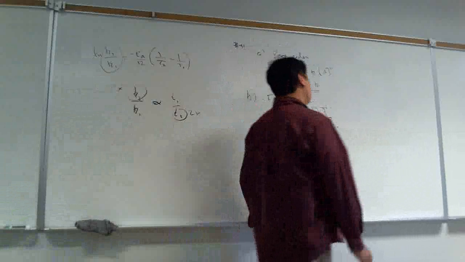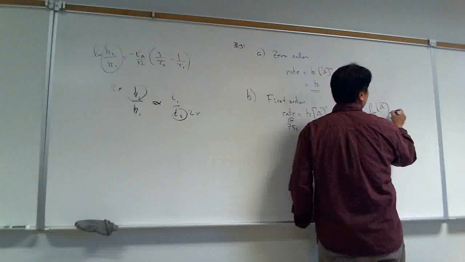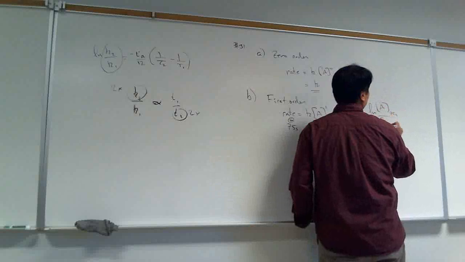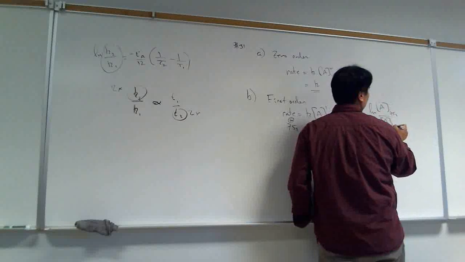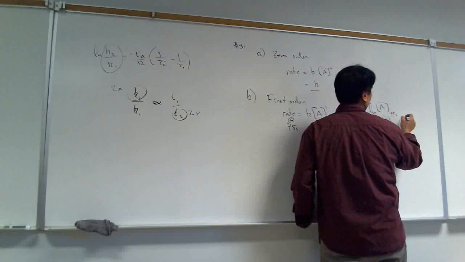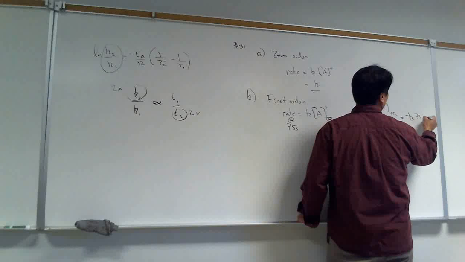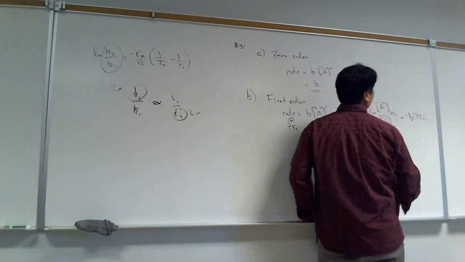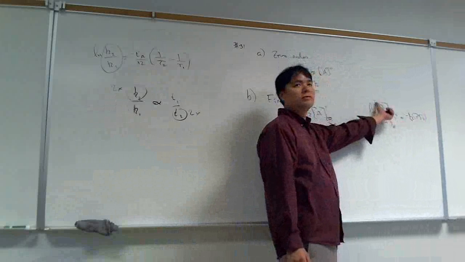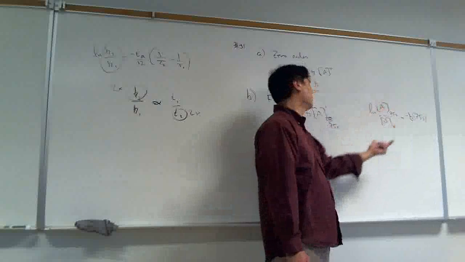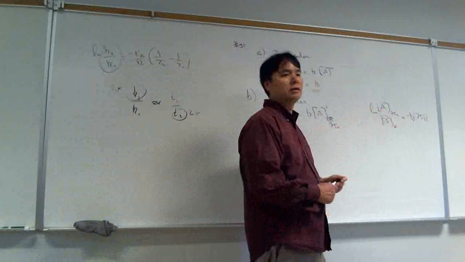To find it, we use the integrated rate law: ln[A] at 75 seconds over [A] at time 0 is equal to minus k times t, where t is 75 seconds. Solve for [A] at 75 seconds, and plug it into the rate law to get the rate.